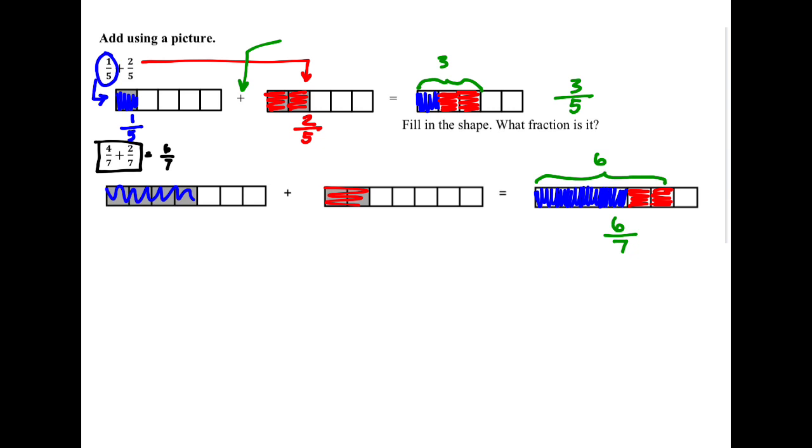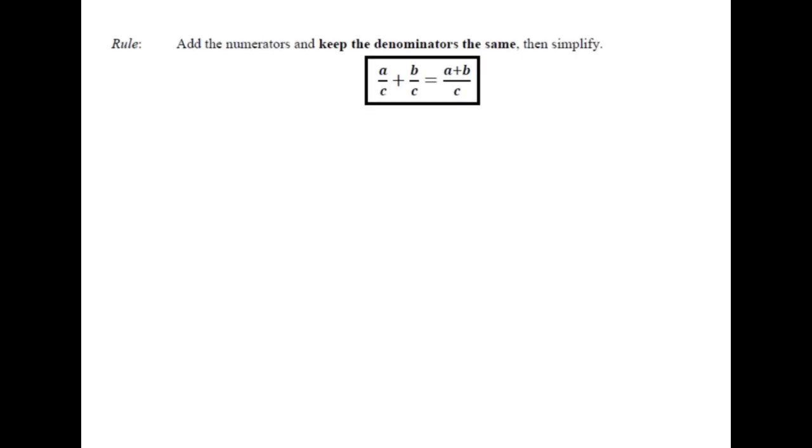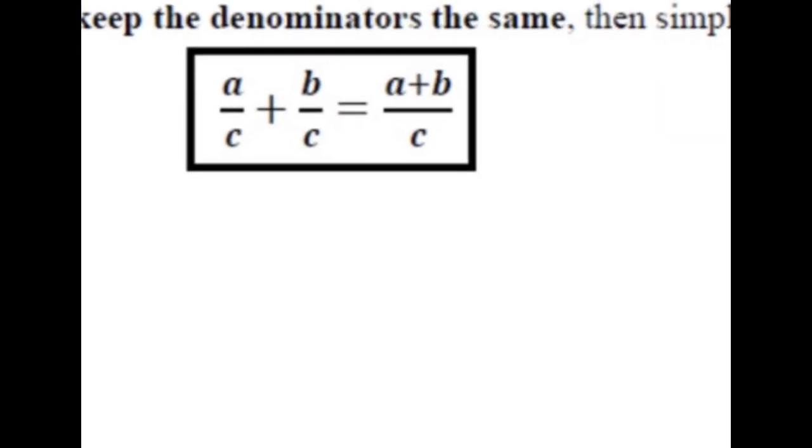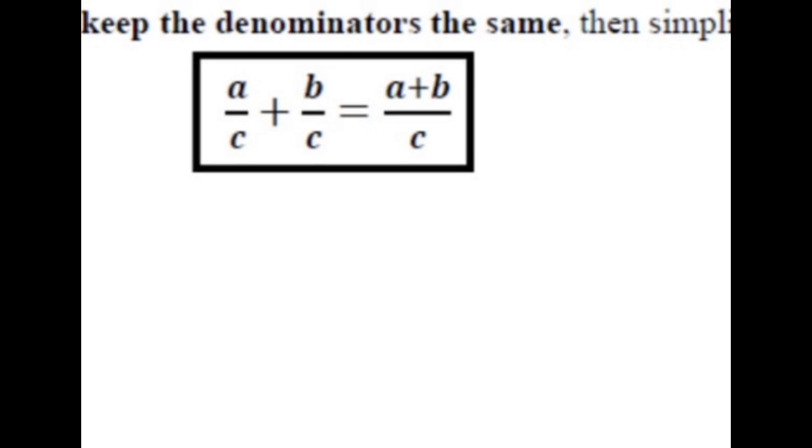Okay, so here is the rule. And the rule is a little crazy because they've used variables instead of numbers. So let me break it down for you. You notice that when you add a number over C to another number over C, you get something over C. The denominator, in this case the C, doesn't change.